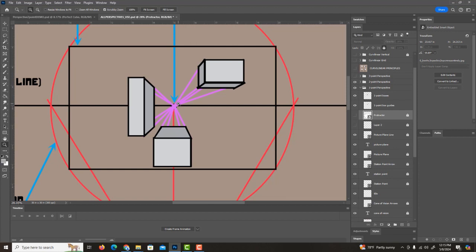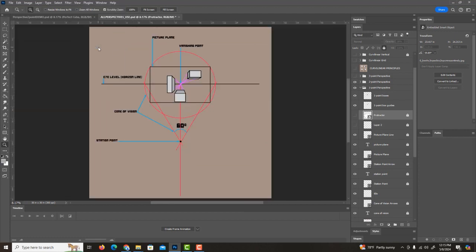And that's what you're looking at, that's right in front of you. That's what you see. So what's right in front of you is 1 point. If something gets turned, or if you turn your head, it becomes 2 point perspective. But when you're drawing 1 point perspective, your depth lines converge back to the vanishing point, and your horizontals and verticals are straight.